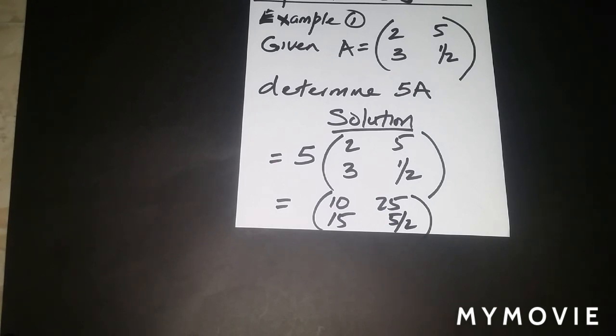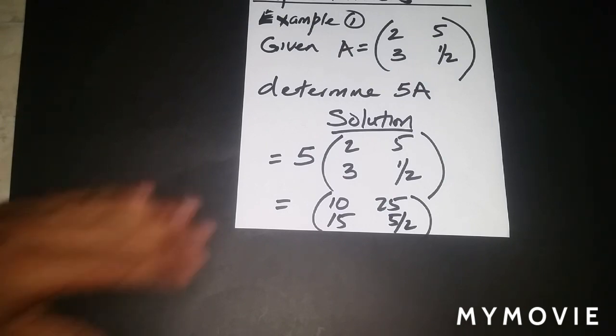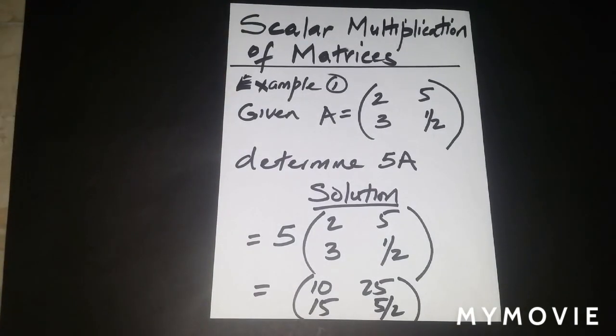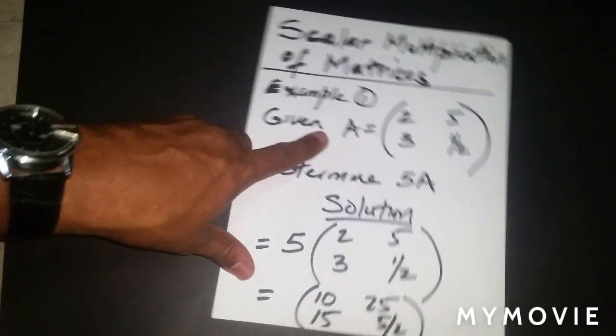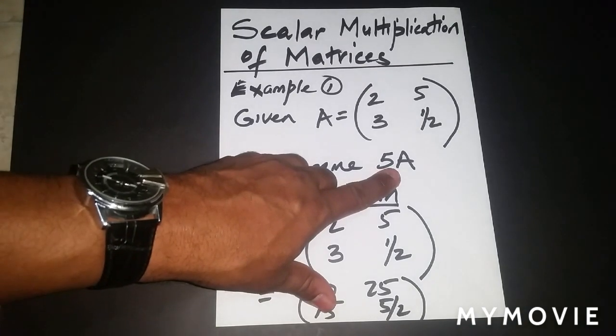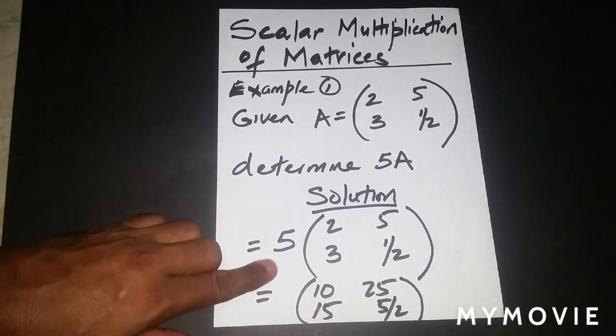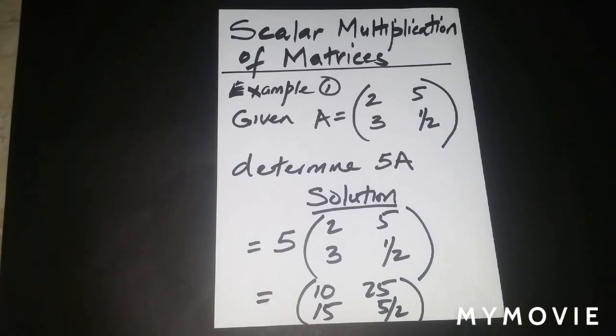So again, scalar multiplication is just simply multiplying a matrix by a number. That's what it's all about. Given matrix A, we're asked to determine 5A, which means simply multiplying matrix A by 5, and that would be your result.